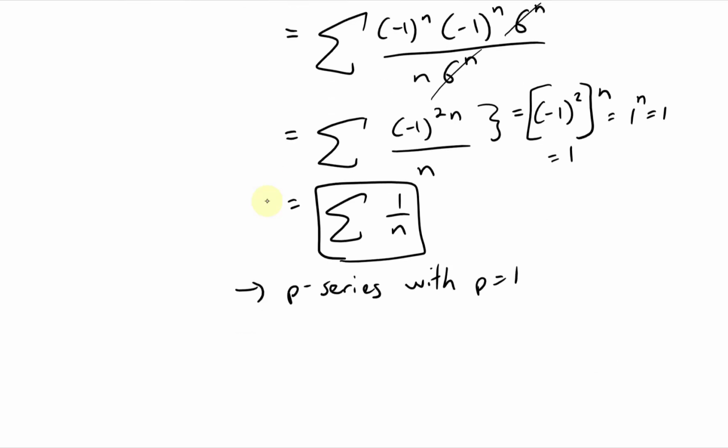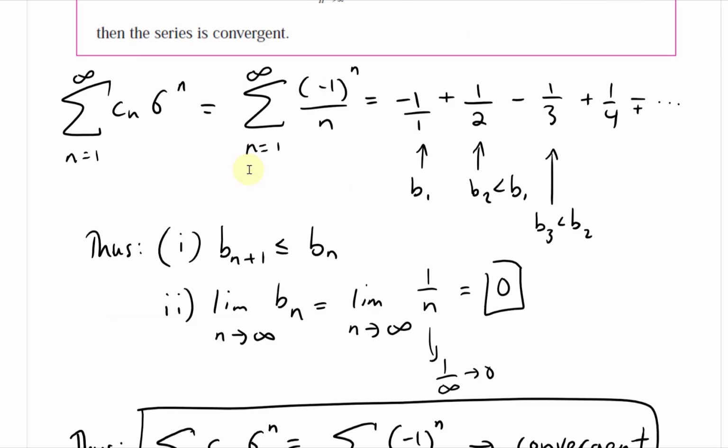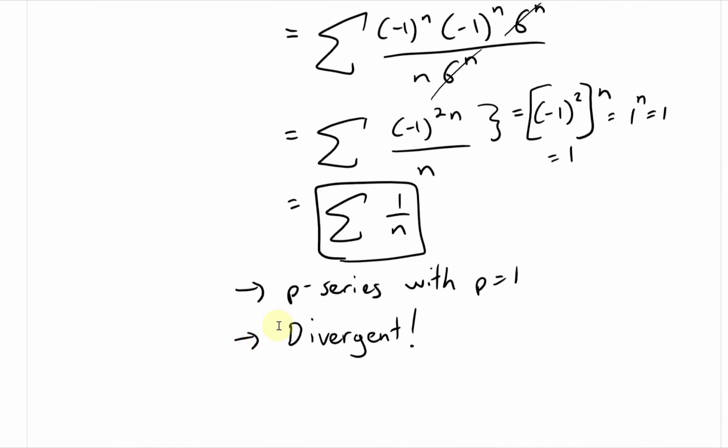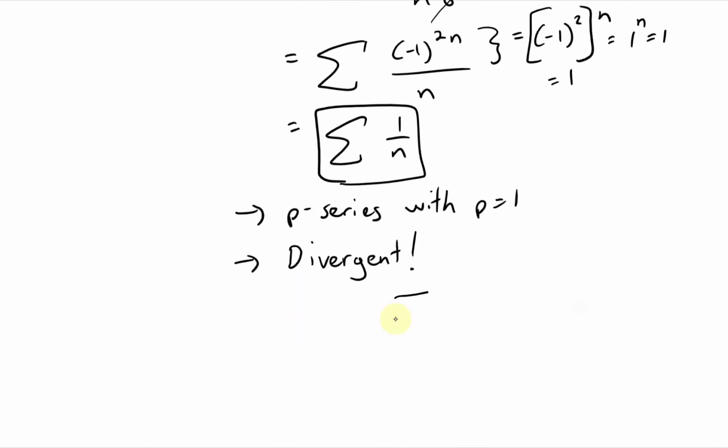Hence we found an example where it is not the case. So if this one is convergent, this one is divergent, hence the claim is false. Let's box that out.